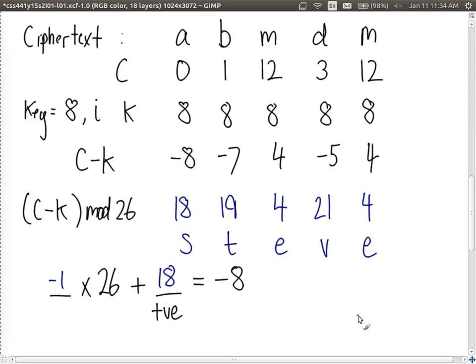There'll be 27 characters in our character set. Remember that characteristic of the mod that we use in this course. We always end up with a positive number.